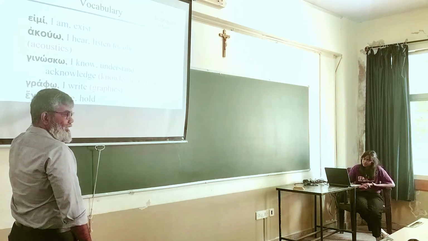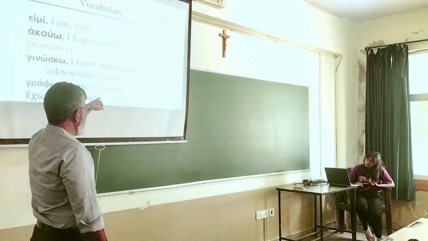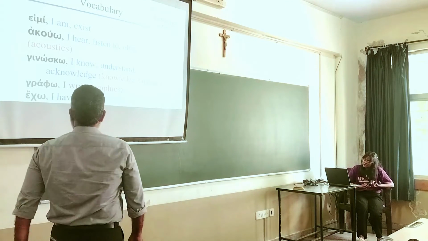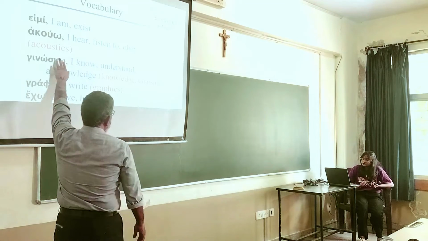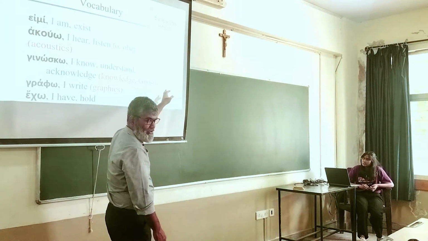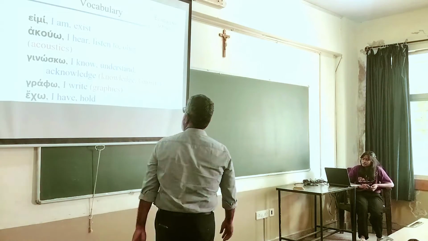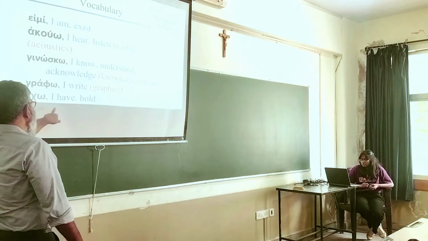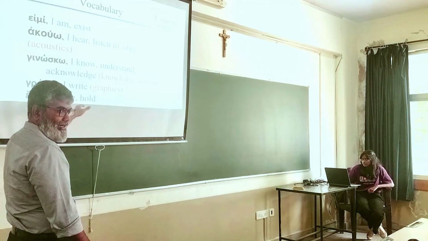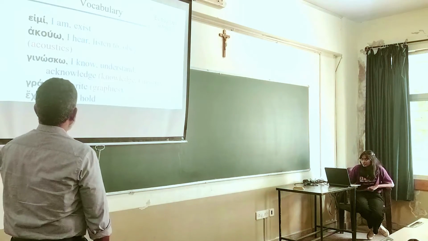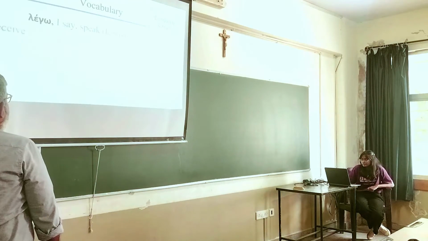Grapho means I write. From there it comes graphics. Ginosko gives Gnostics; Gnostic is a sect that emphasized knowledge and all that. All comes from there. Echo means I have, I hold. You're going to memorize all this. Basically, these are all verbs only.